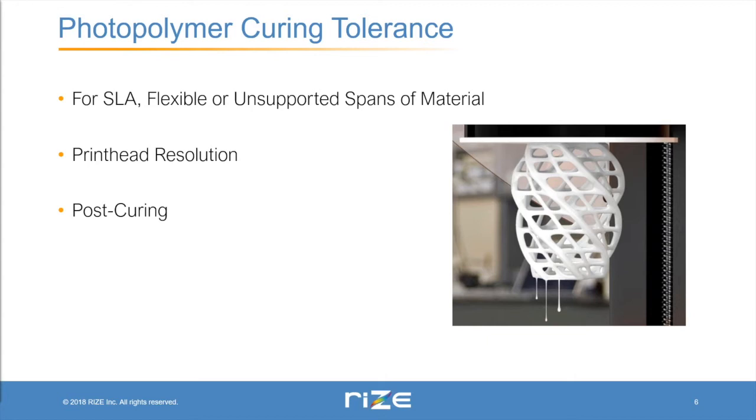So some of the challenges to producing parts with photopolymer curing with high resolution is particularly for SLA, which is the method in the image shown, where a part is being gradually lifted and cured out of a vat of resin.